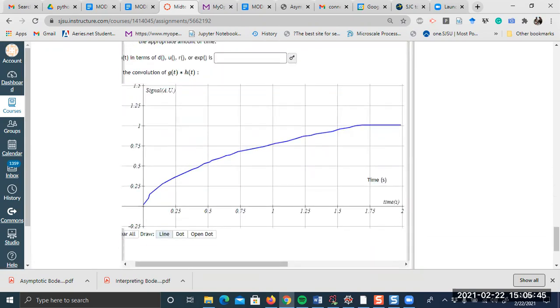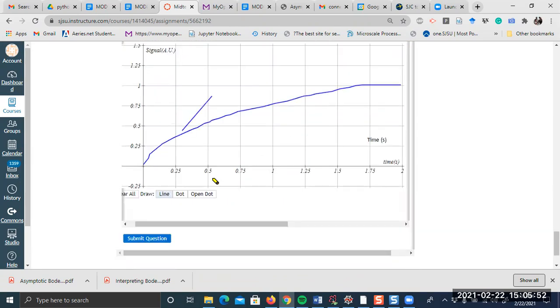And a little bit hard to see, but it should have marked that one all wrong, because I happen to know the answer.